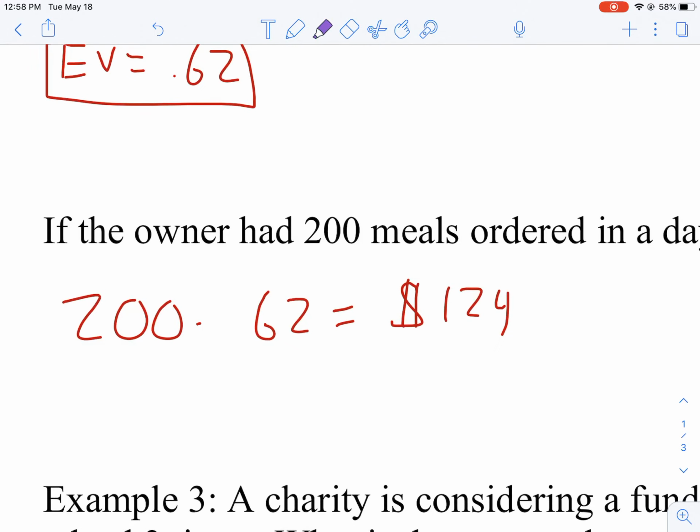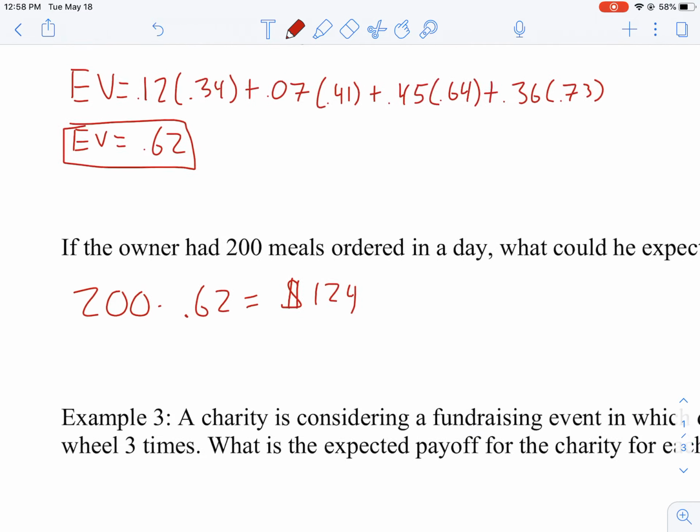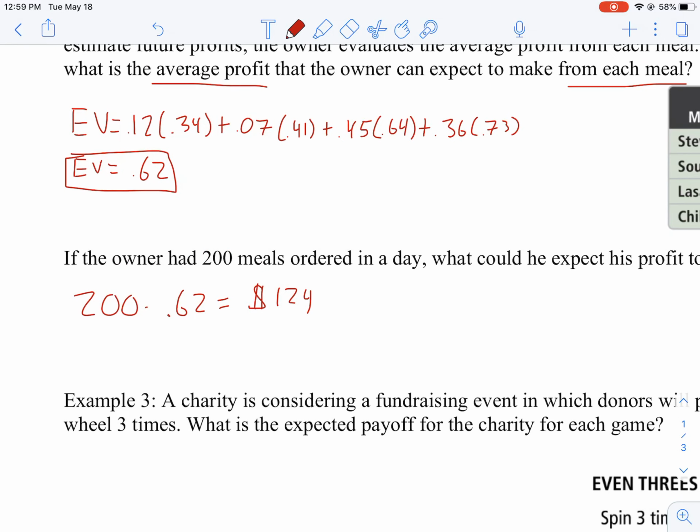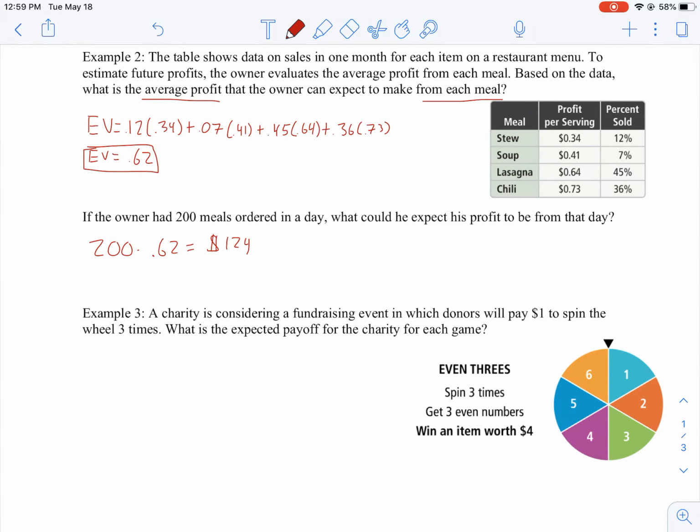And it's not every single time. Sometimes you might have more of one thing on one day than another. But again, expected value is just all about the average over time, okay? So that is what we do for that problem.